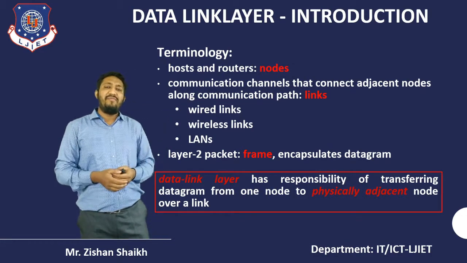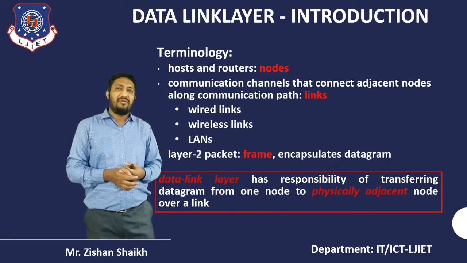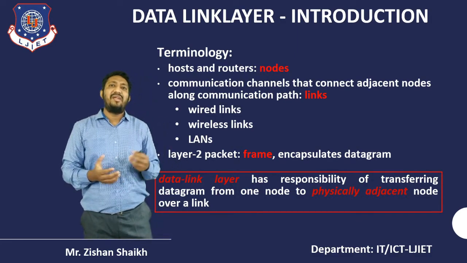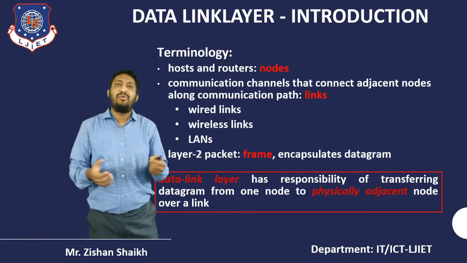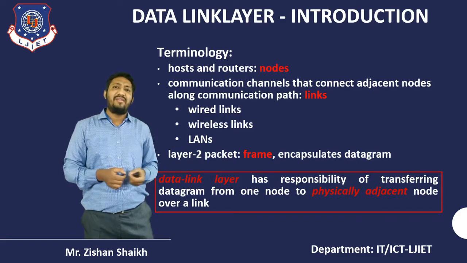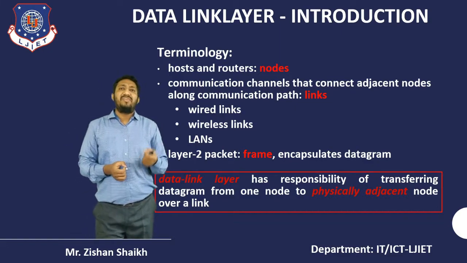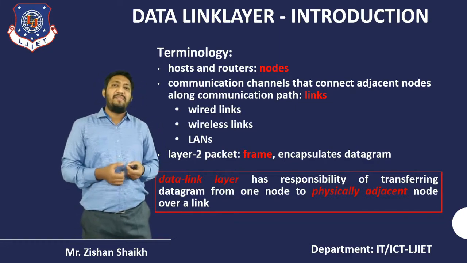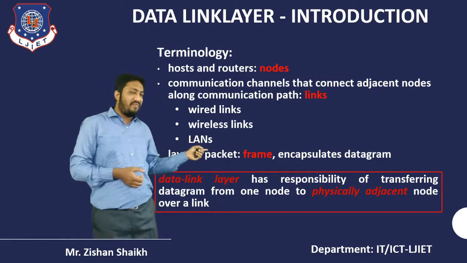In real time, we already know that a link may be a wired link or a wireless link. If we are using a Wi-Fi connection, it is wireless. If we are using different LAN technologies, or normal connection-oriented technologies that use wires, then it is a wired link. Also, the data manufactured by our data link layer is known as a frame.